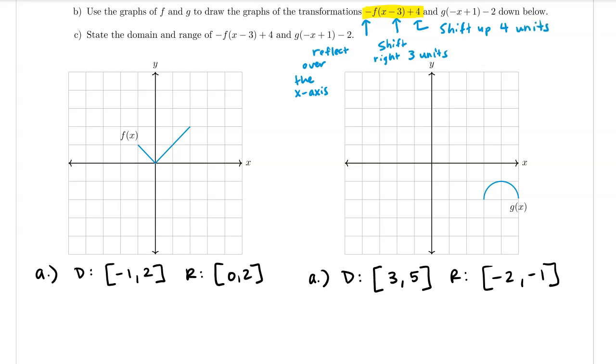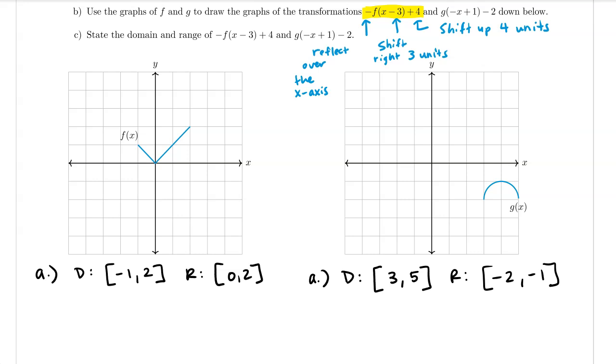So let's go ahead and do each of those. And so that I illustrate that it's not the final graph, I'm going to draw each transformation step by step and draw them with dotted line portions or dotted curves.